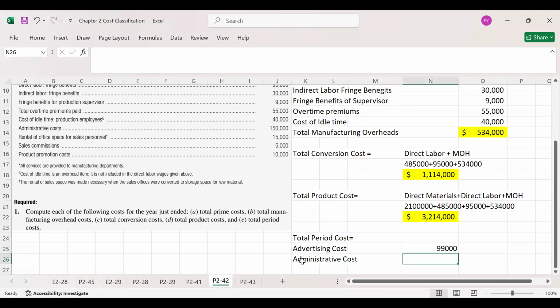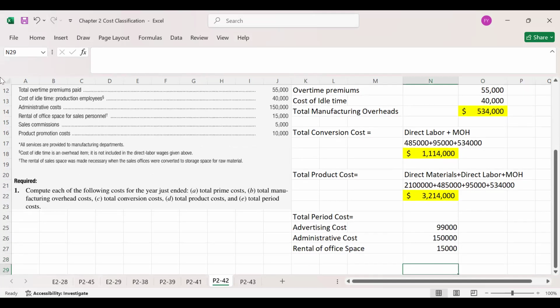So administrative cost is $150,000. Then we have rental of office space, which is about $15,000.